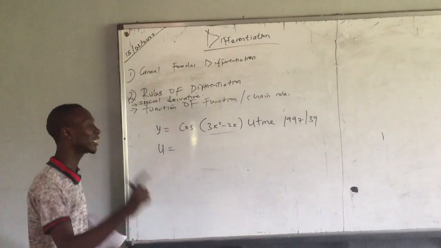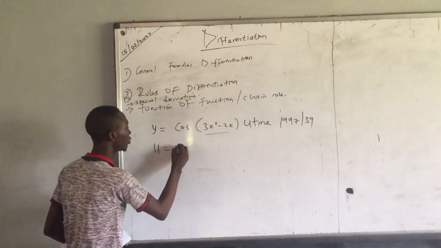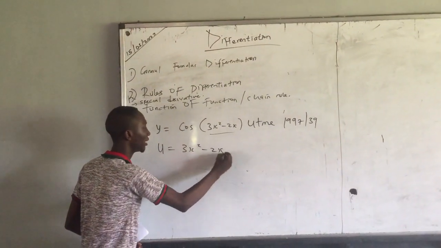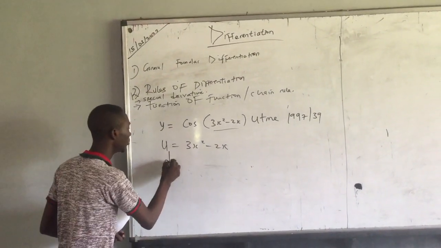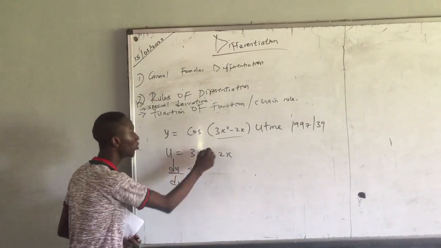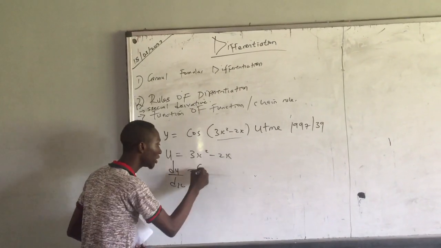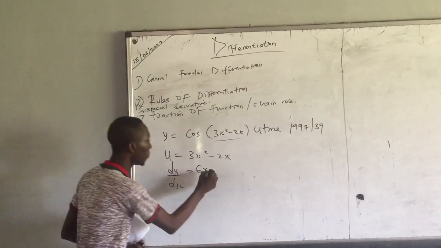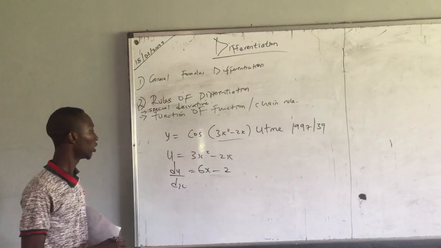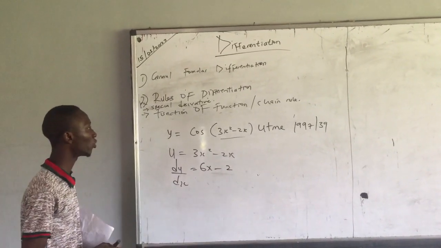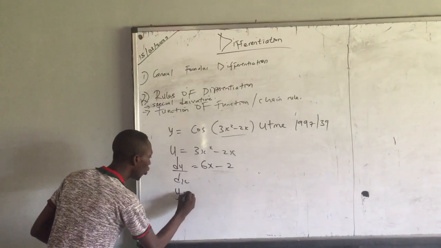Remember the equation in brackets, we always replace this with u. So u becomes 3x squared minus 2x. And our next step is to differentiate the equation in brackets, which is now du/dx. So differentiating 3x squared, recall it is 6x. Minus differentiating 2x, recall it is 2. So it becomes 6x minus 2.